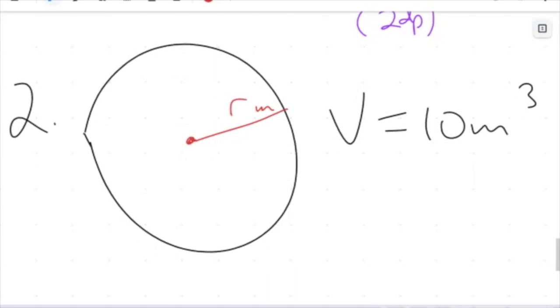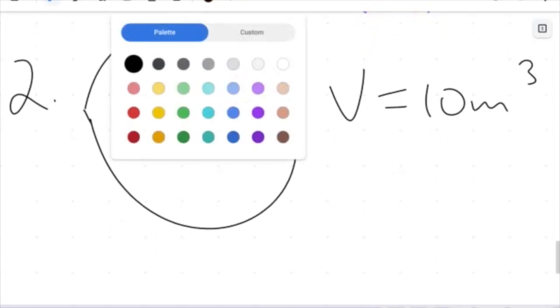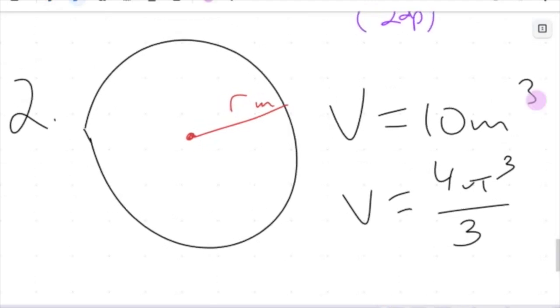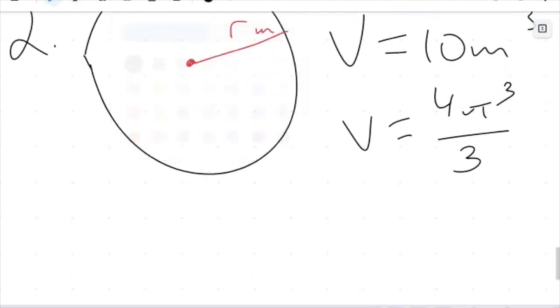Okay, so what do we know? Well, we know that the formula for the volume of a sphere is given by 4 pi r cubed over 3. And I'm already given its final volume of 10 meters cubed.